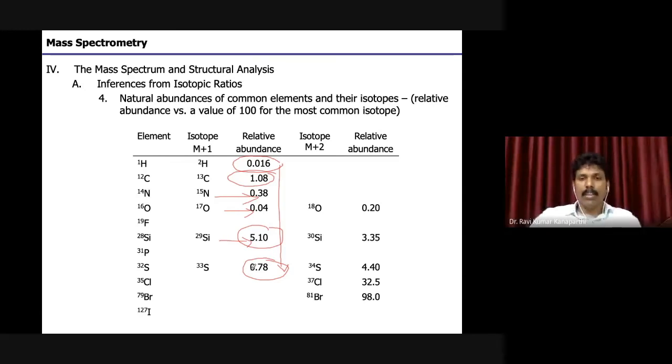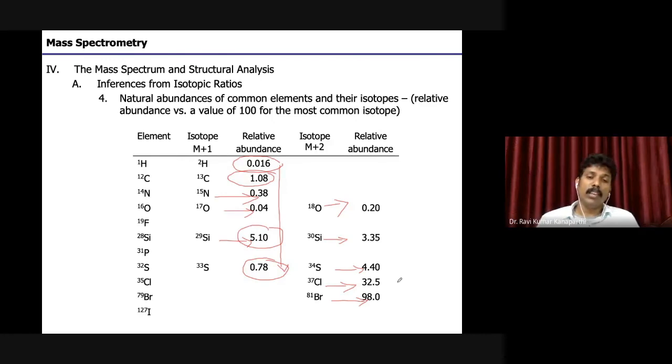And then you can see on the right, the contribution to the m+2 peak mainly comes from oxygen. Oxygen can be present in the 18 format, and also silicon, approximately 3.3%, and sulfur 4.4%, and chlorine and bromine. So these are the relative abundances.